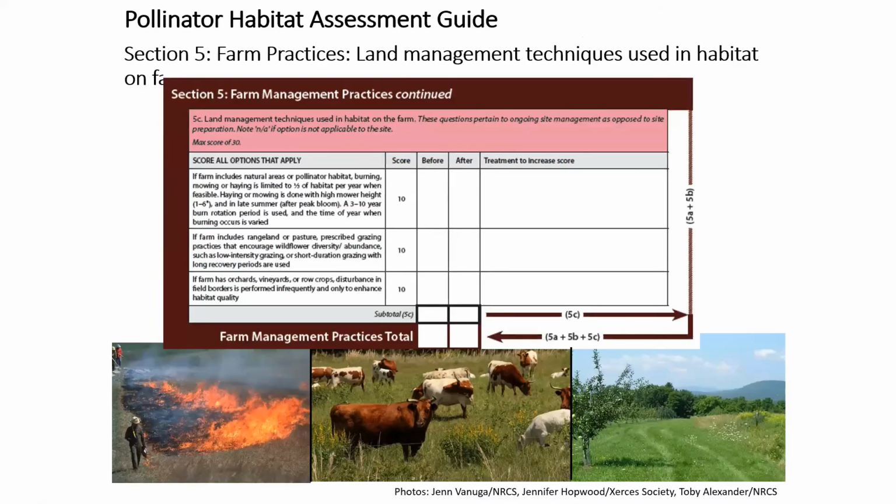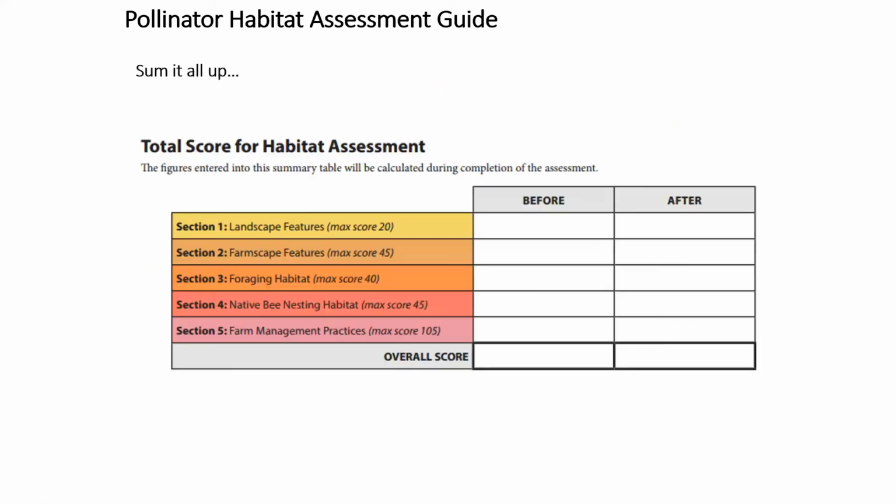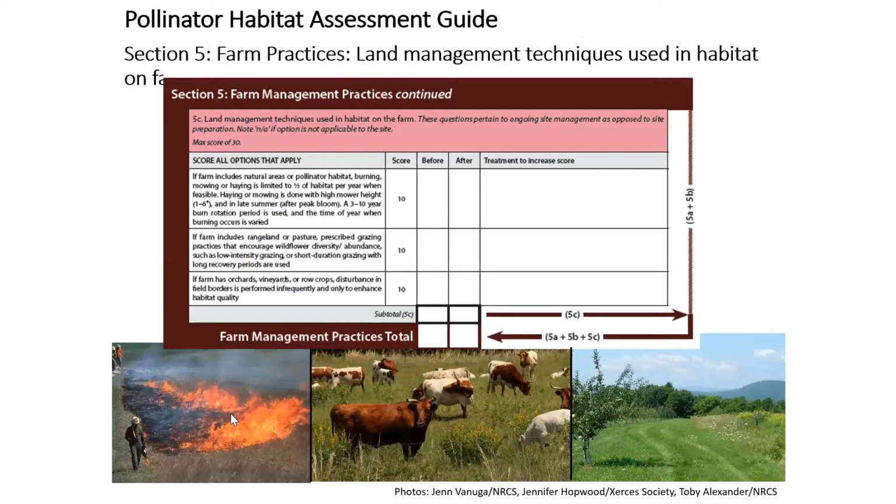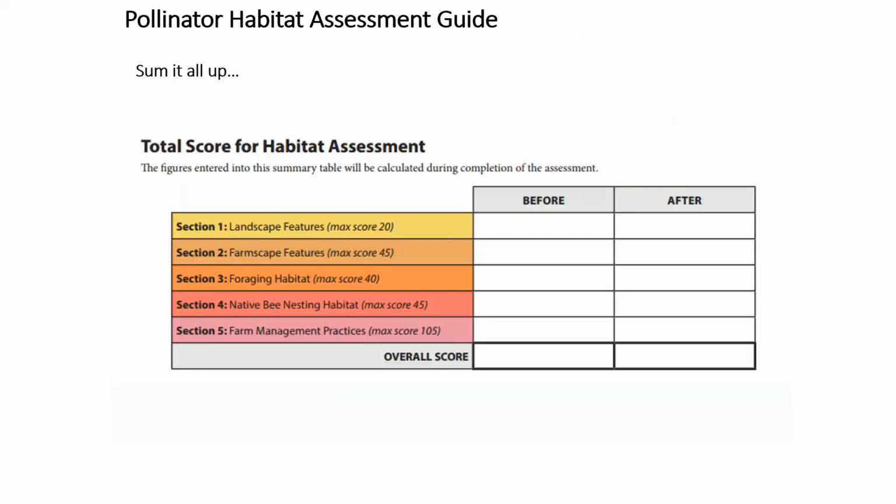Finally, there are some large-scale activities you can be doing, like prescribed fire and prescribed grazing, and perhaps haying or mowing, that, if done right, can enhance pollinator habitat. And to sum it all up, you add up all the scores that you've obtained for all the earlier sections, and you get an overall score. And hopefully, we're going to bet that if you do this a few years after you implement conservation, you're going to get a higher after score than you get before.